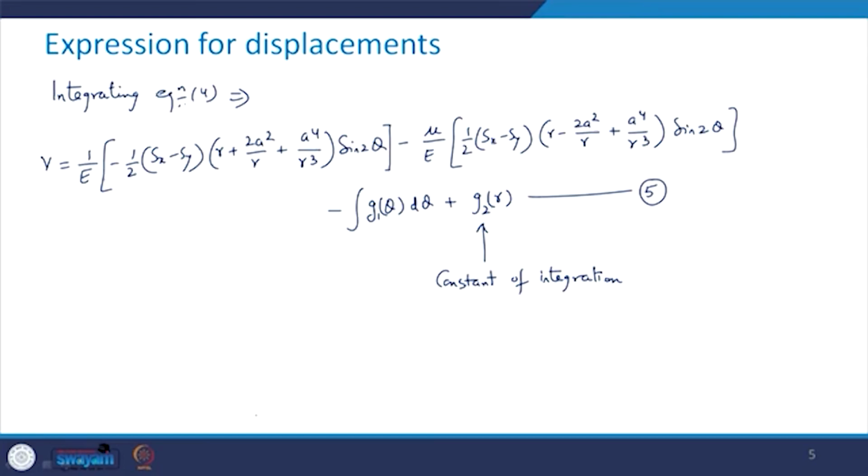Now, what we can do is differentiate equation number 3 with respect to theta and equation number 5 with respect to r.